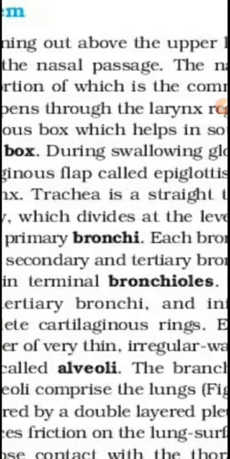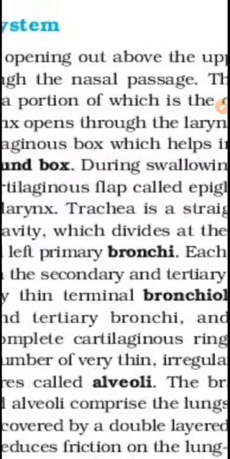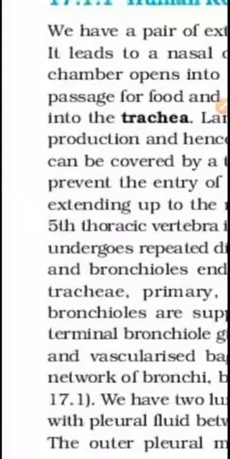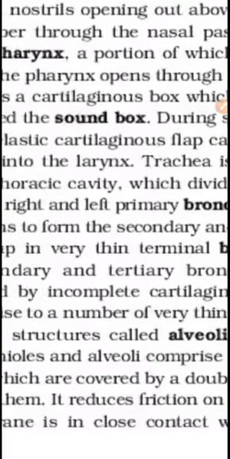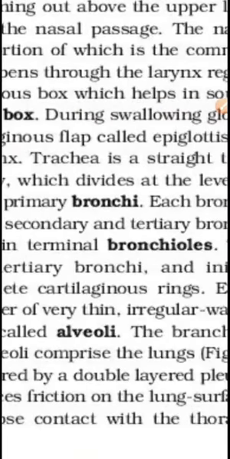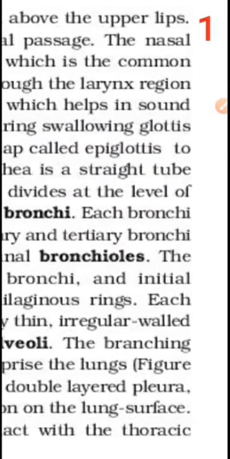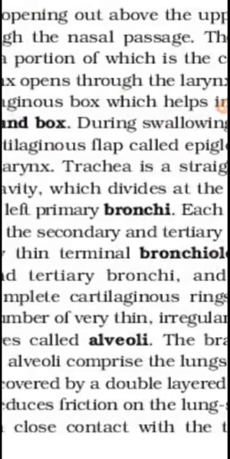One is a right bronchus, another one is a left bronchus, plural bronchi, and each bronchi then undergoes repeated divisions to form the secondary and tertiary bronchi and ends with the thin terminal bronchioles. So trachea, then primary, secondary and tertiary bronchi, then terminal bronchioles, thin branches of bronchi.